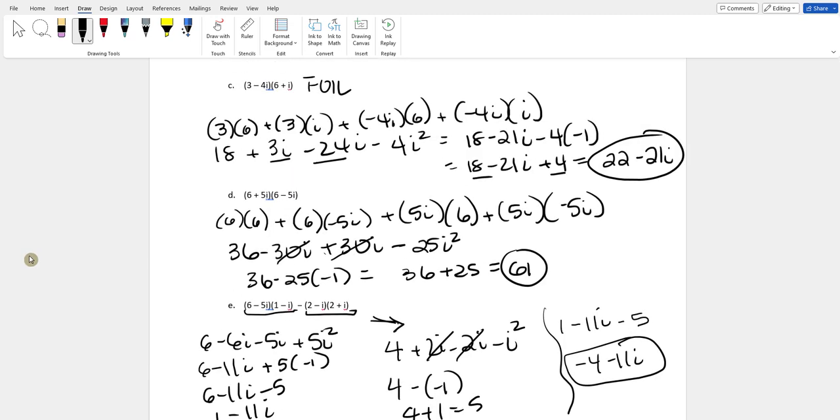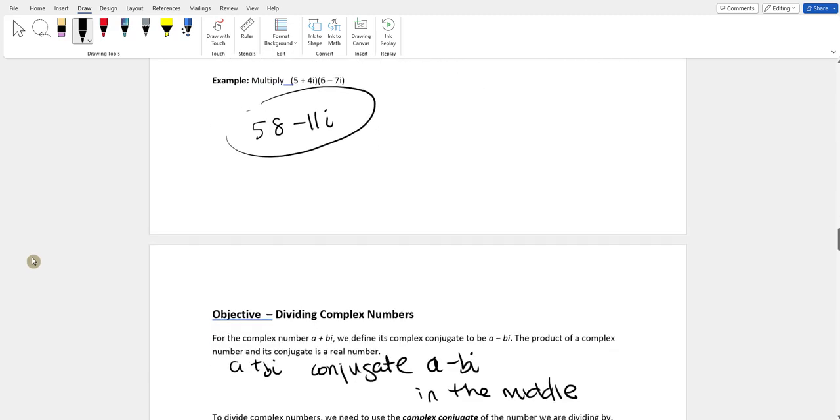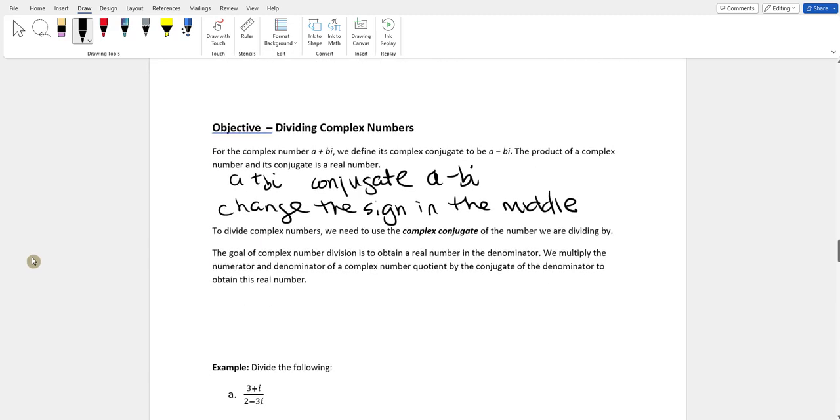So if you go back up to this problem here, this one here is an example of multiplying the conjugate. You got 6 plus 5i times 6 minus 5i. As you can see, when we multiplied it out, we got a real number. We got 61. There were no i's in our answer. So when we're dividing complex numbers, you're going to use the complex conjugate of the number we're dividing by.